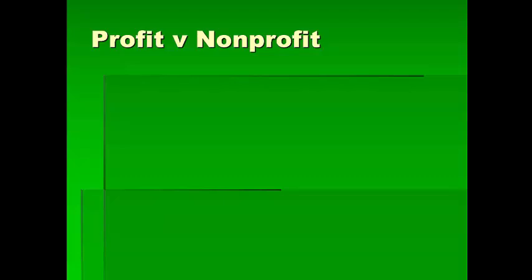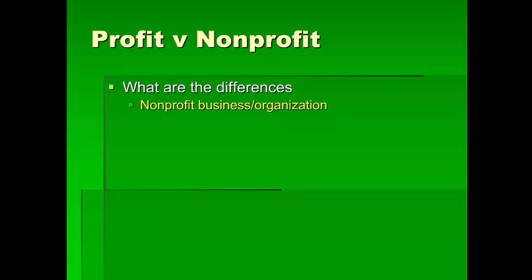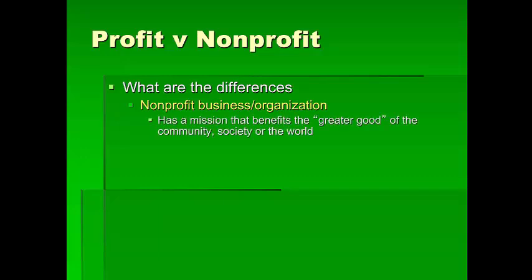Continuing with those differences, a nonprofit organization has a mission that they have to follow. They have a mission statement. So maybe it's feeding the hungry, or it is to open an art gallery for public use, or maybe it's to set up a school. They have a certain mission, and it benefits the greater good of the society, the community, or the world.